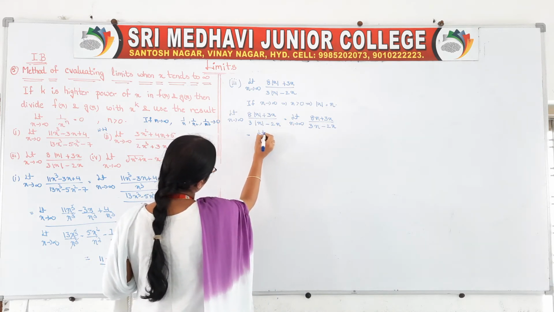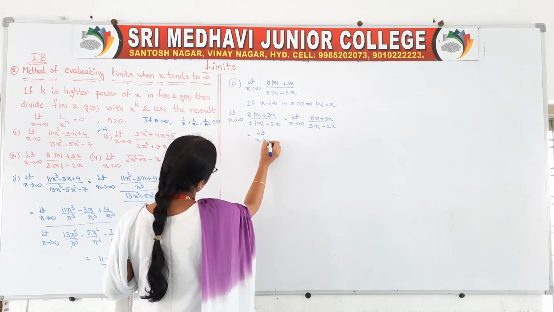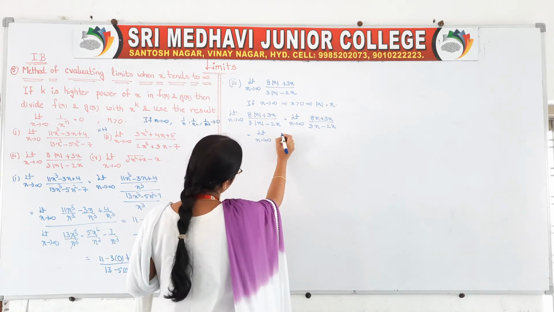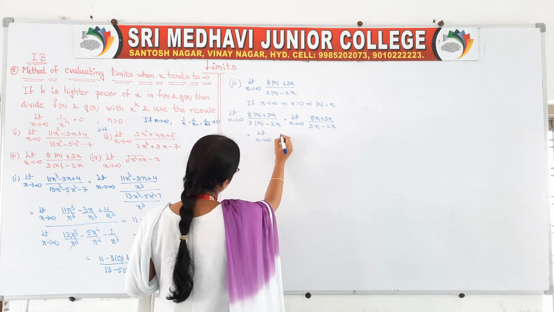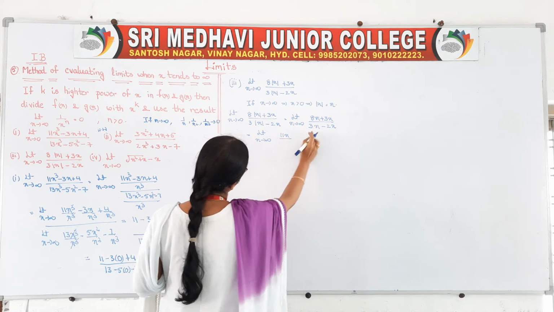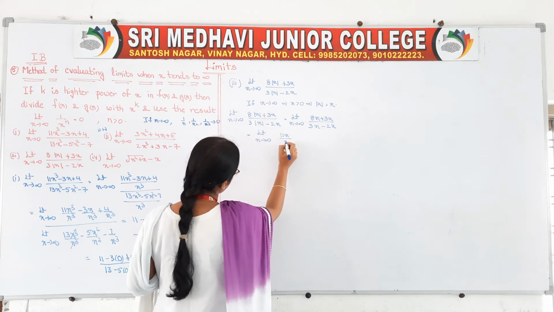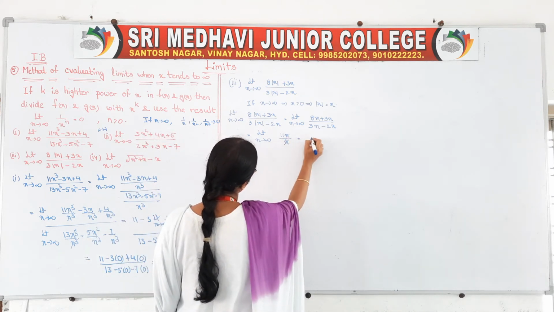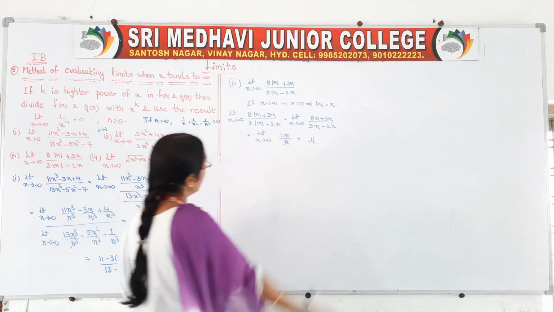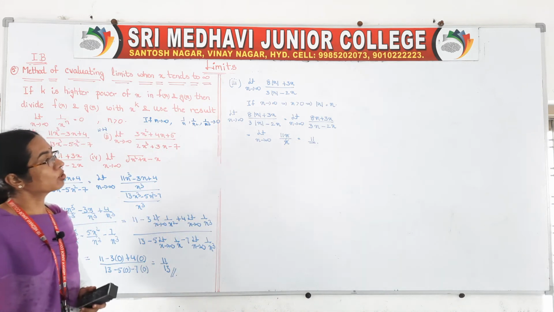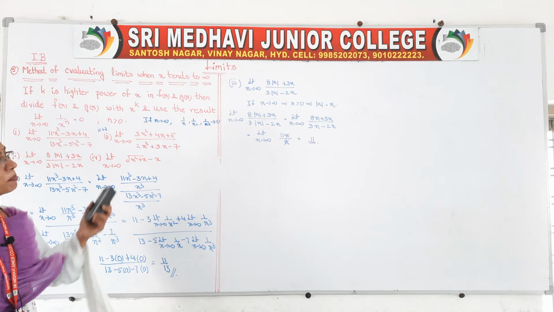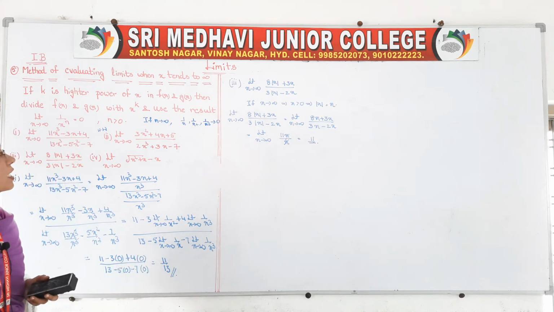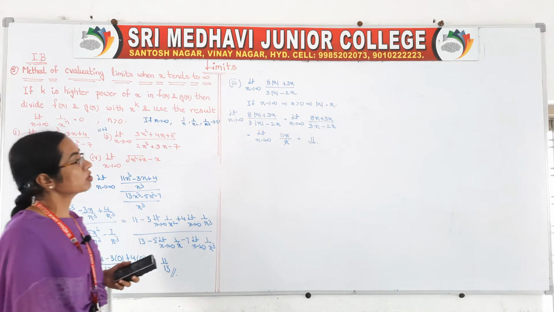So is equal to limit x tends to infinity 8x plus 3x, how much? It is 8 plus 3, right? So 11x by 3x minus 2x is x, right? So x cancels, your answer is 11. Okay, so this is your third question, simple question, right? 8 mod x plus 3x, 3 mod x minus 2x, 3x minus 2x is x.